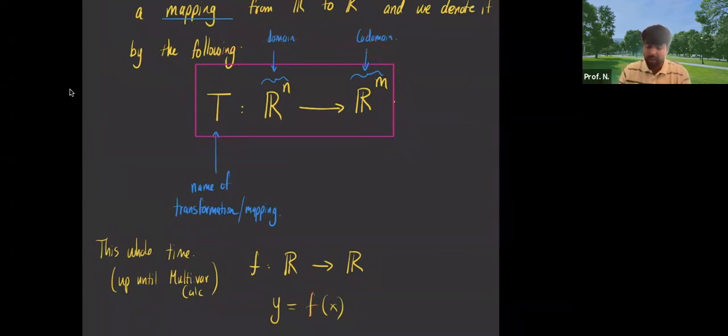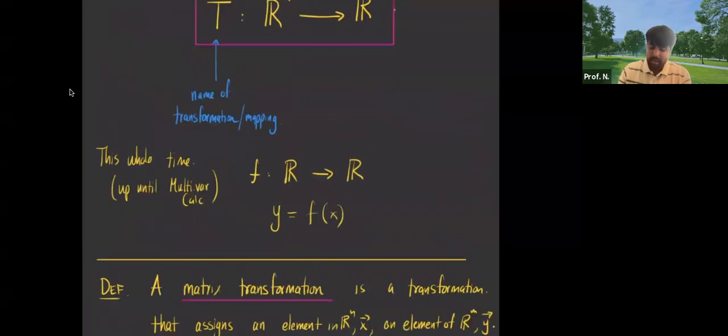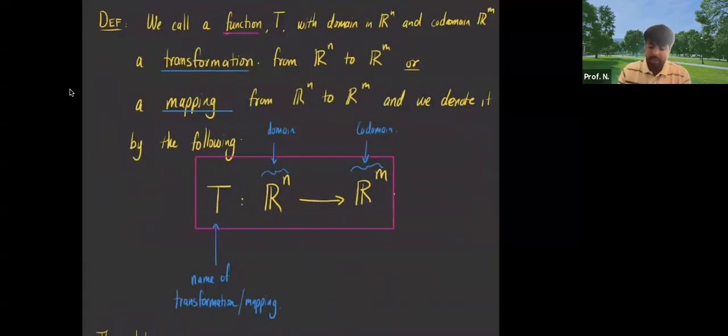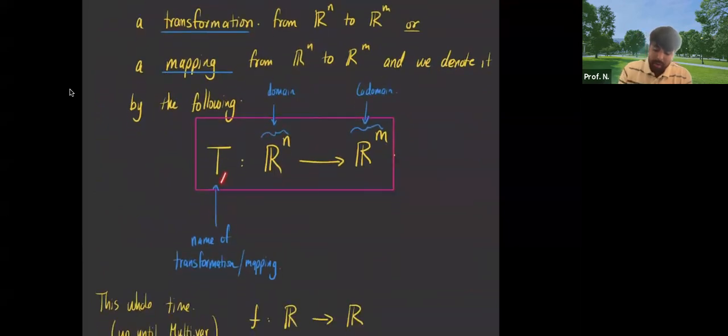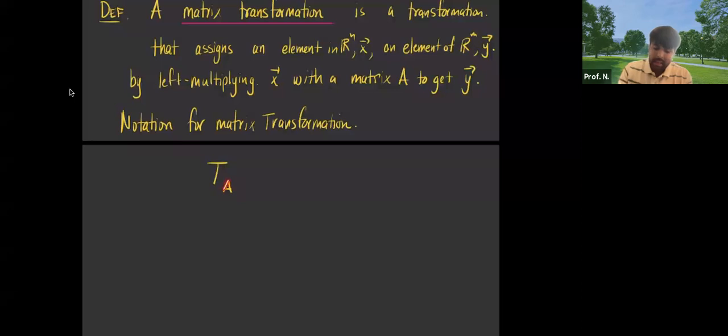It could have two inputs and one output, or two inputs and three outputs, or whatever combination you have. But the moment you put an A here, or a B, or whatever, that A is my matrix. And I'm still taking things in Rn and mapping them to something in Rm.